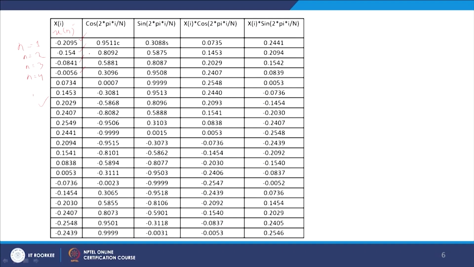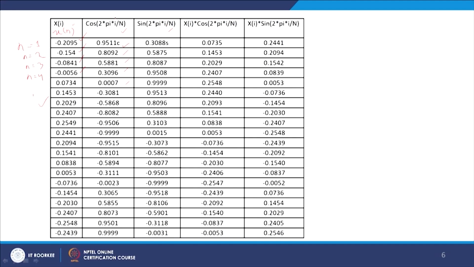Now, if you remember from the previous part, the real part is cos(2 pi n by capital N), keeping k equal to 1. If you put this in, these are the corresponding magnitudes, and similarly this is our imaginary part, sin(2 pi n divided by N).